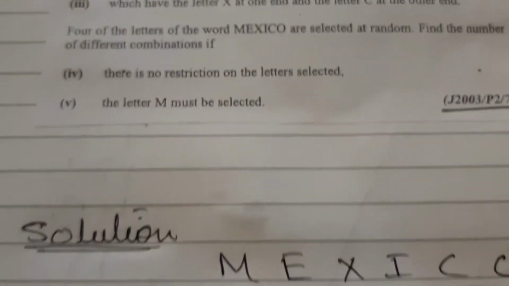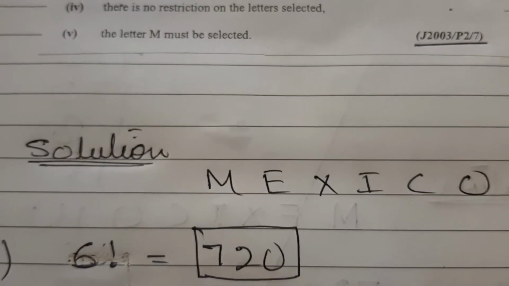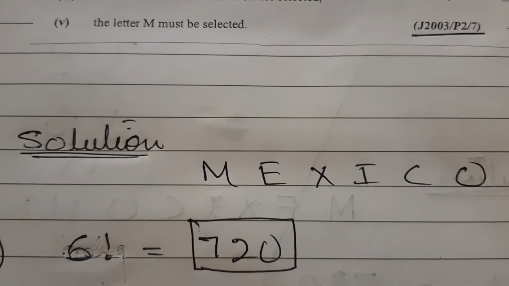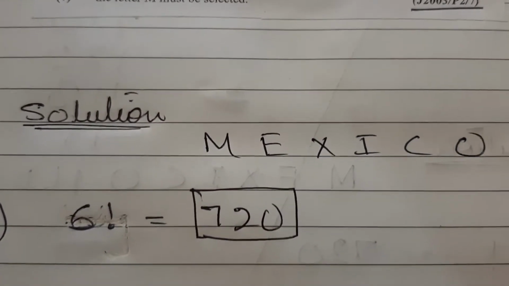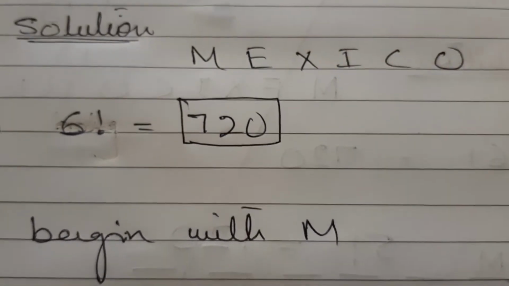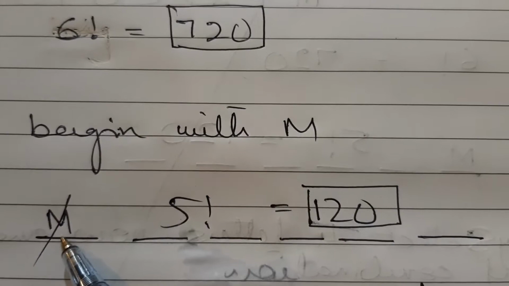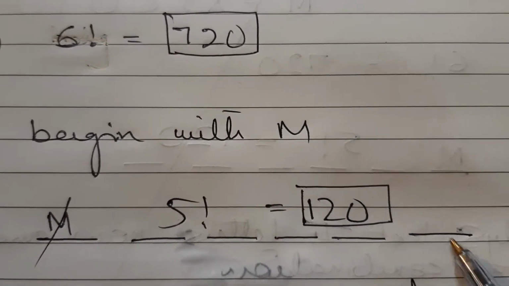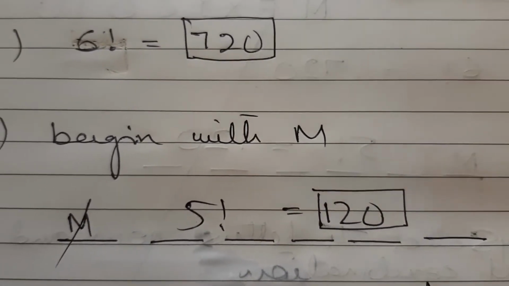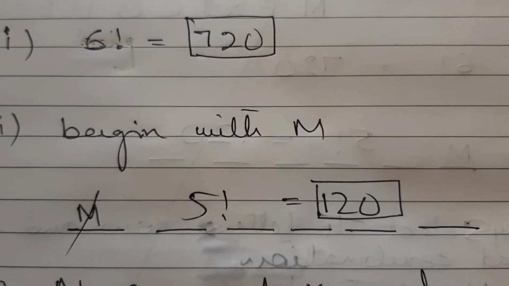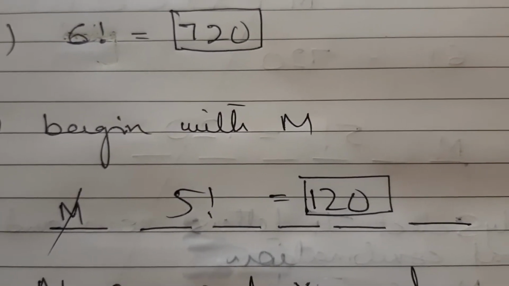Let's see here. And by the way, you can put the video on pause and try yourself on the copy or mentally and then start so that you can check your own understanding as well. Okay. So now if it is beginning with M, here are 6 dashes, 1, 2, 3, 4, 5, 6. Now the first place is fixed with M. Now this is very important. When you fix a place which is not movable, then you just do not consider it.